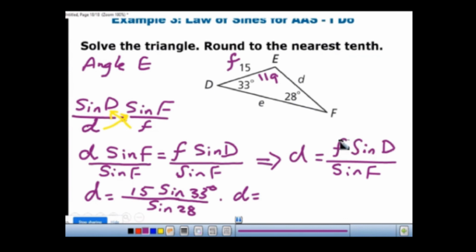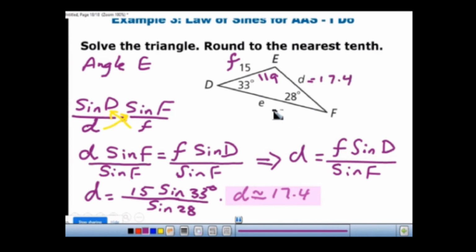That should give you about 17. We're approximating here, so I'm going to put approximately, that little tilde is approximate, 17.4. Okay, 17.4. I've found side D. So this side is 17.4. Does that make sense? Well, let me see.